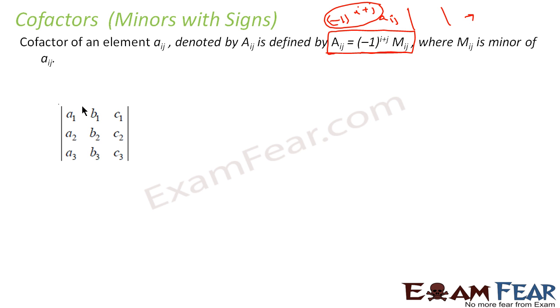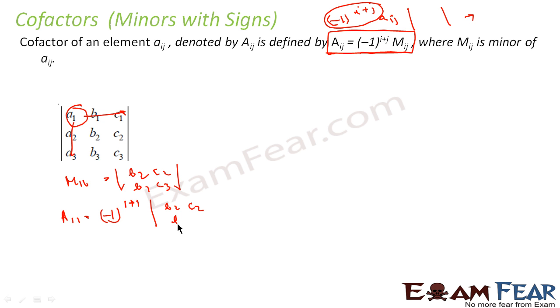For this element itself, if I want to find the minor, I have to remove its row and column. My minor will be M11 because this is the first element, and that will be the determinant of B2 C2, B3 C3. But if I want to find the cofactor, this will be minus 1 to the power 1 plus 1, into the determinant of B2 C2, B3 C3. This will be my cofactor. Similarly, let's take one more example.